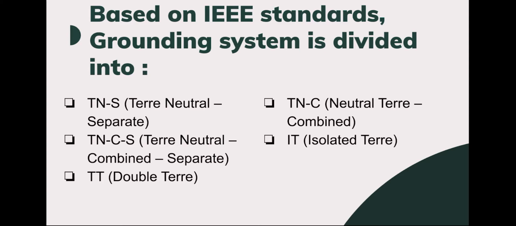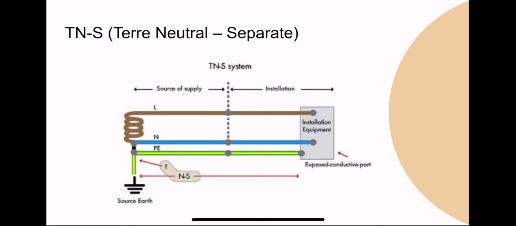The first one is TN-S, also known as terre neutral separate. In a TN-S system, the neutral part of the electrical energy source is connected to the earth at one point, so that the neutral part of a consumer installation is directly connected to the neutral source of electricity.